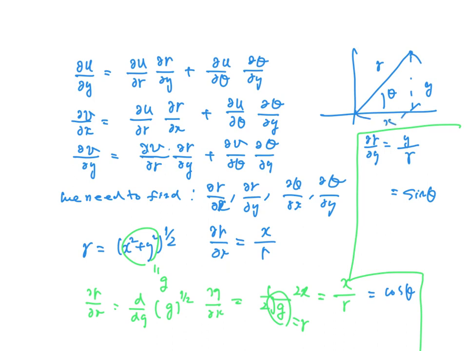In summary, partial r partial x is simply cosine theta, and partial r partial y is simply sine theta.